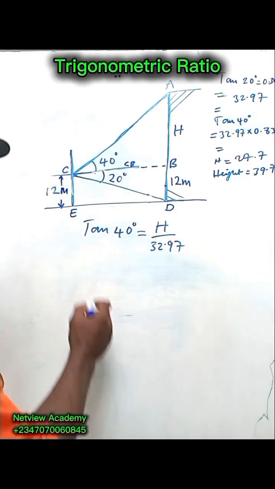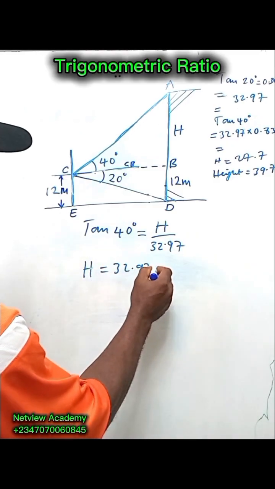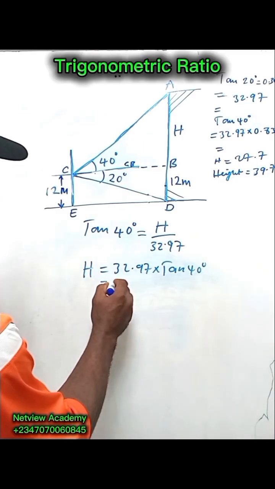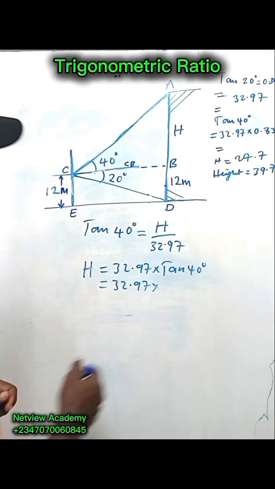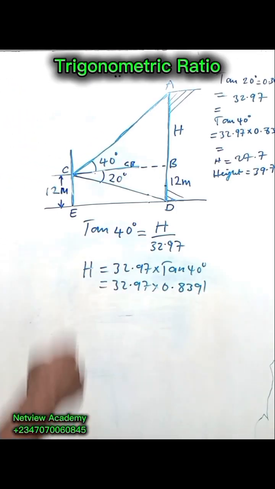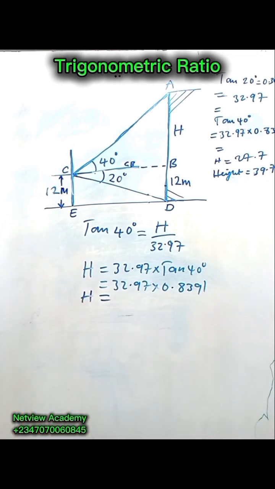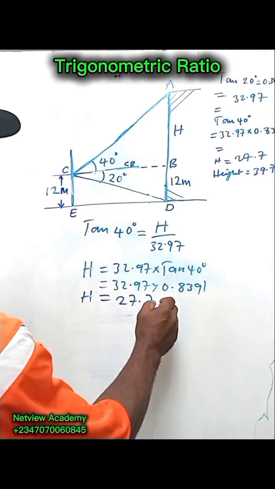Therefore, if we cross multiply, H is equal to 32.97 multiplied by tan 40 degrees. The value of tan 40 degrees is equal to 0.8. Therefore, the value of H is equal to 27.7 meters.